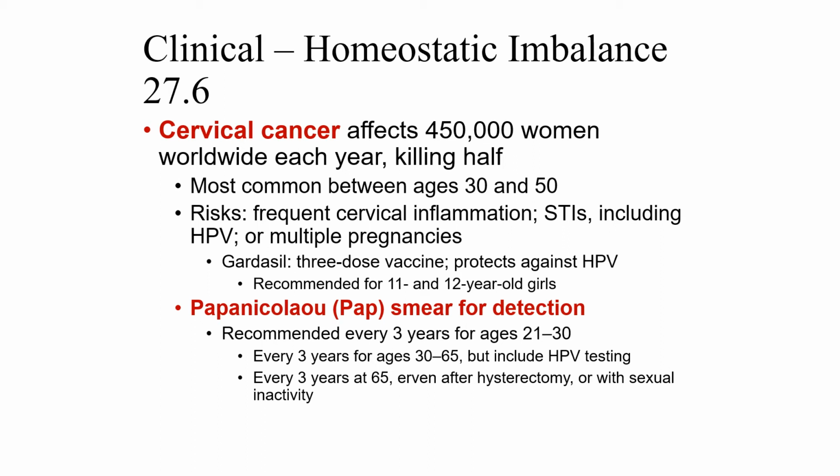Once again, I think if you're sexually active and you're not in a monogamous relationship, maybe that testing needs to be a little bit more frequent. Your book will say every 3 years after 65, but once you're not sexually active or have a hysterectomy, you don't need them anymore. You do need a gynecological exam just to make sure that you're healthy.